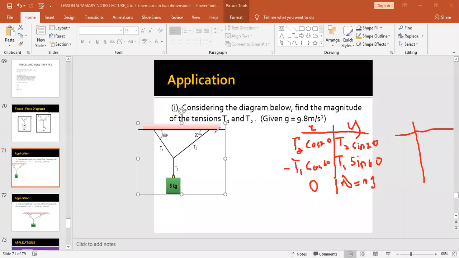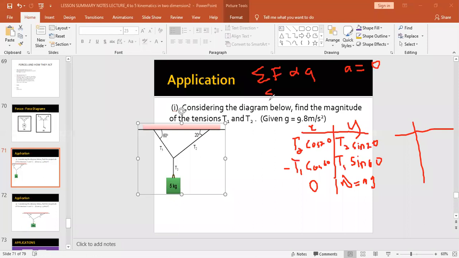Okay. The second law of motion says that the net force acting on the system will cause an acceleration on the system. However, we know that this system is in equilibrium. And because the system is in equilibrium, acceleration is equal to 0.